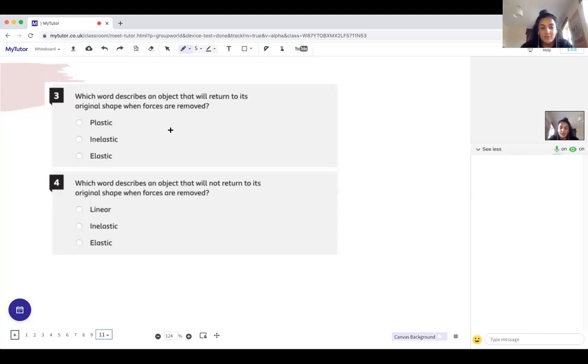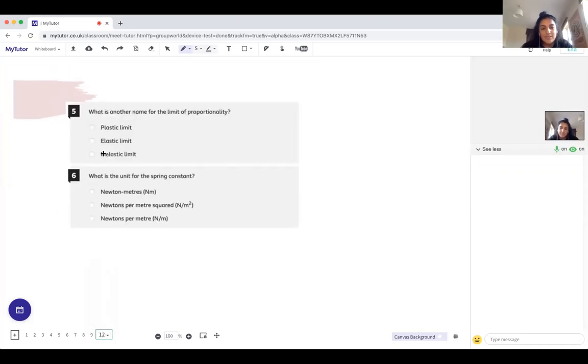What word describes an object which will not return to its original shape when forces are removed? So it does not return to its original shape. Inelastic, brilliant. So elastic when it does return to its original shape, inelastic when it doesn't.